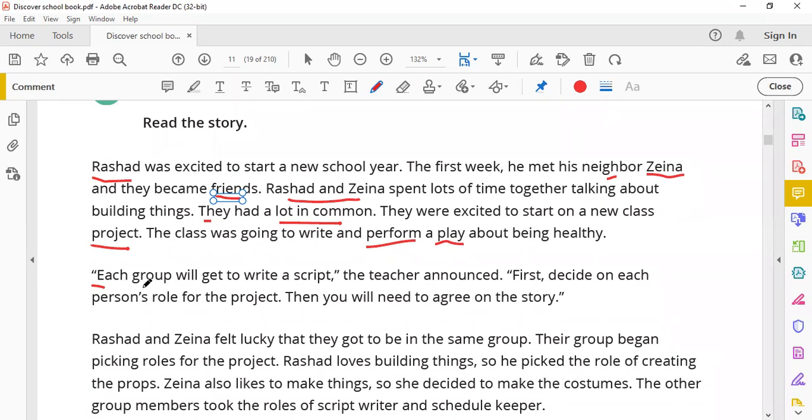Say group. It is not K, it's J. Group. Continue, please. Group will get to write a script.